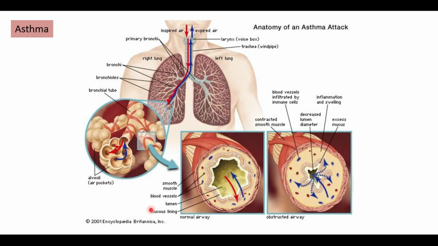So what happens in case of an asthma attack? During normal breathing, as we have already studied, inhaled air travels through two main channels, primary bronchi, that branch within each lung into smaller, narrower passages known as bronchioles, and smooth muscles that surround the airways relax, and finally the air goes into the tiny terminal bronchial tubes.